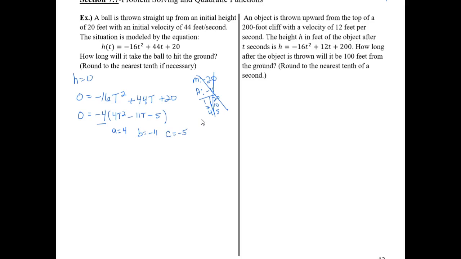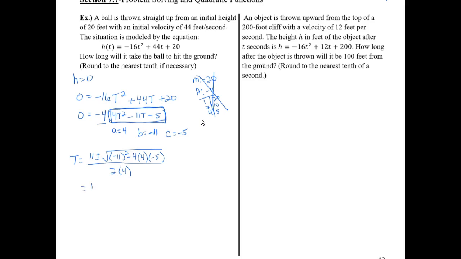Plugging into our quadratic formula, t will equal negative b, in this case positive 11, because it was negative 11, so negative negative makes it positive, plus or minus the square root of negative 11 squared minus 4 times a times c, all over 2 times a. So again, I'm using these in here. I don't need that GCF to plug in for A, B, and C.